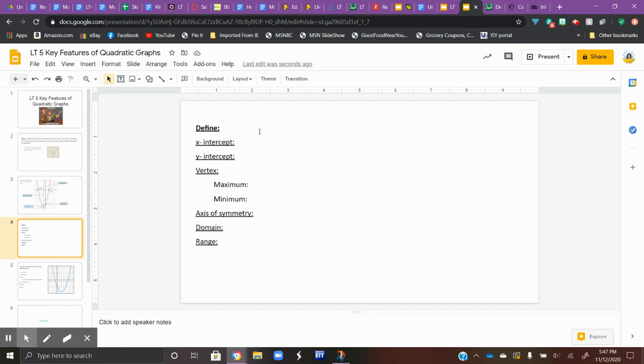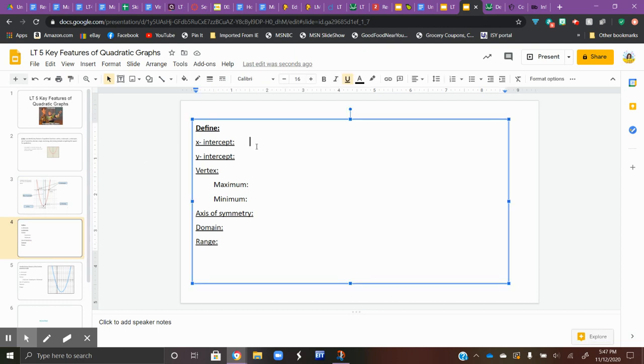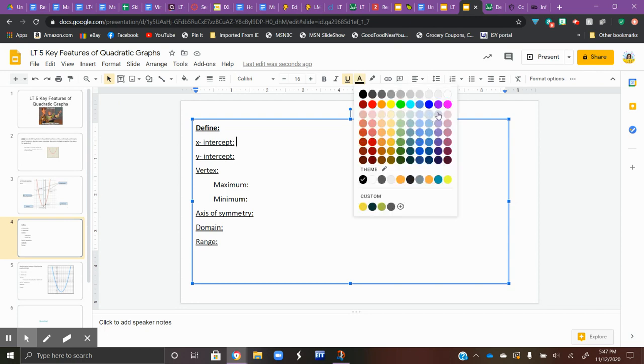Now we're going to look at a couple different terms. Some of them you kind of know, but we're going to define them on here either way. I'm going to change this to a little bit darker color so you guys can see.